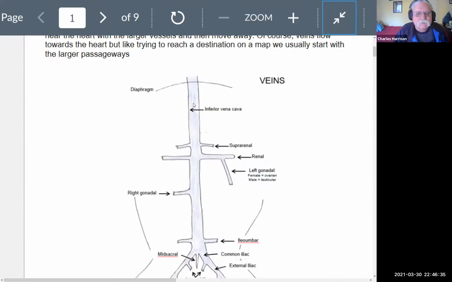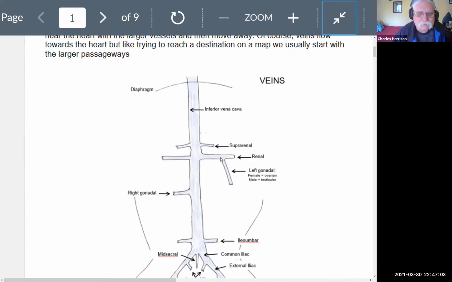The inferior vena cava receives blood, because it is a vein, from the suprarenal glands, which would be located right here, and the kidney. And that's from the renal vein. Renal vein, suprarenal vein, IVC, inferior vena cava.